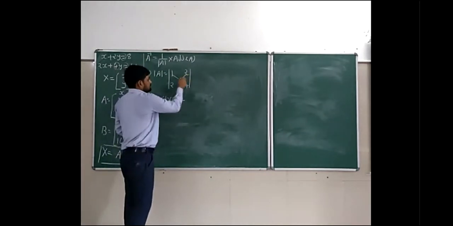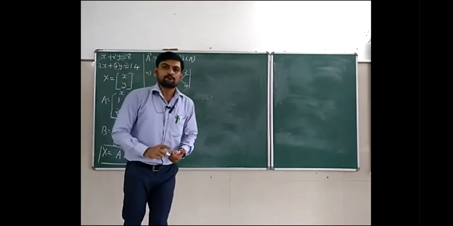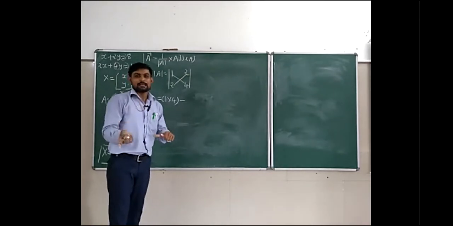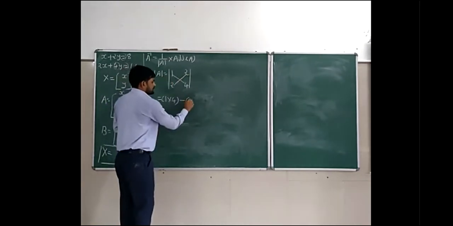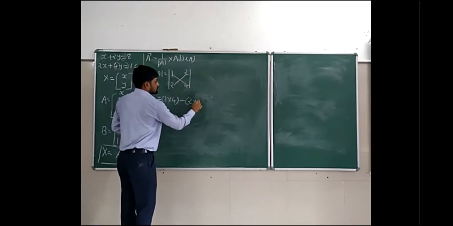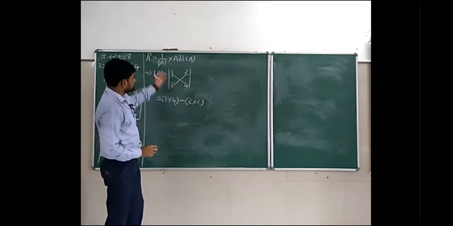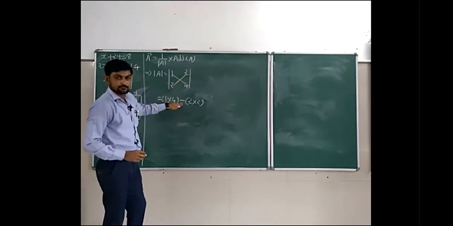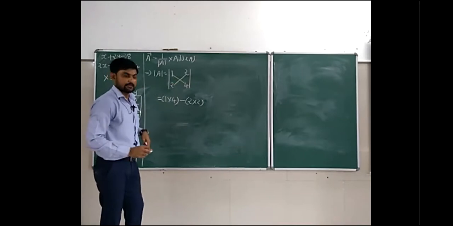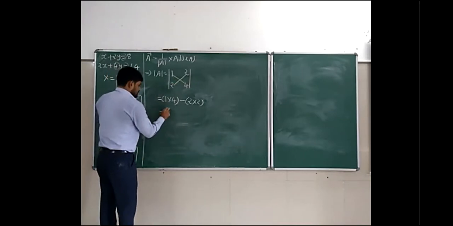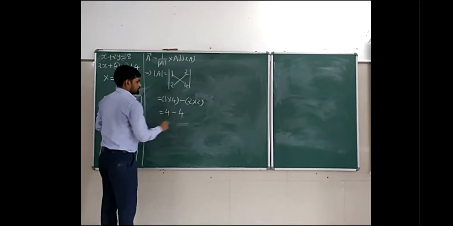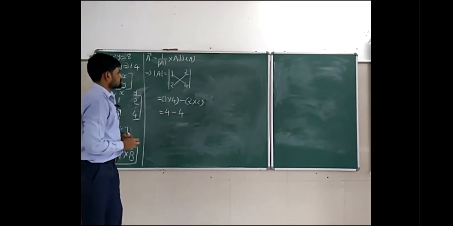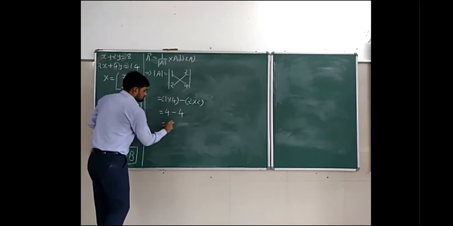Then multiply the non-principal diagonal elements, 2 into 2. So 4 minus 4. The answer is 0.